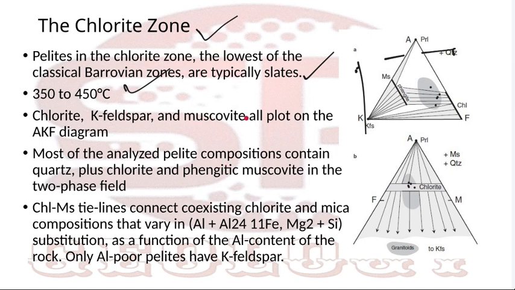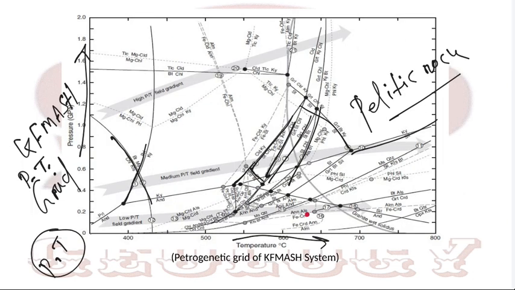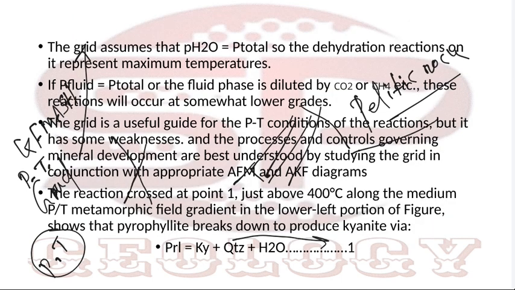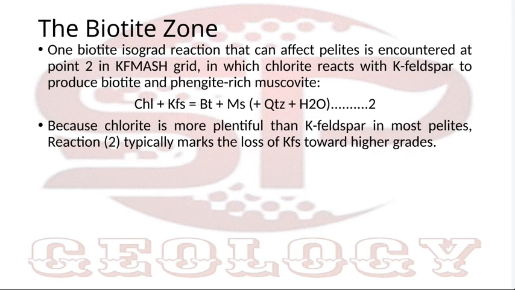So chlorite developed. These things you will just go through; there is nothing much of value. After the chlorite development, what will happen? Biotite will develop. So this is the biotite zone. What happens is this chlorite reacts with potash feldspar and gives biotite.